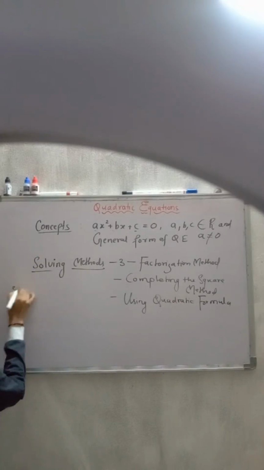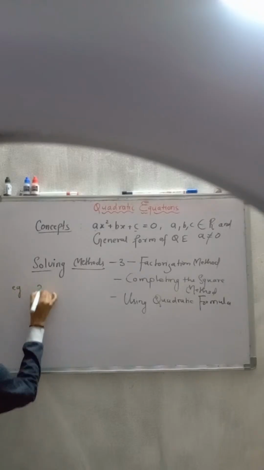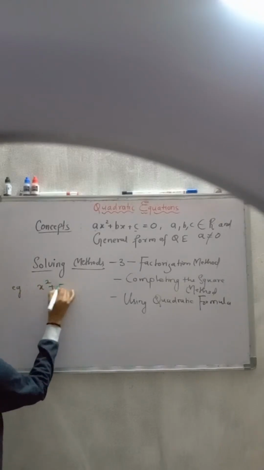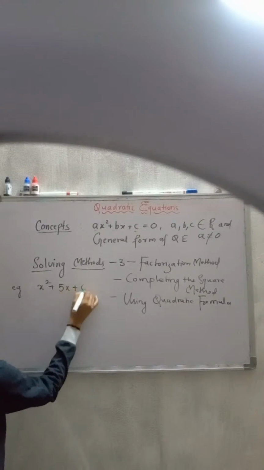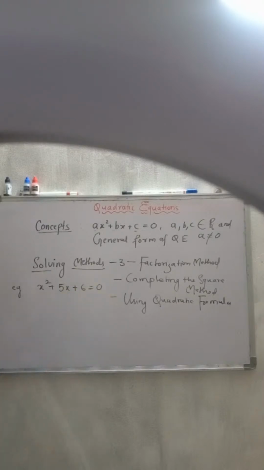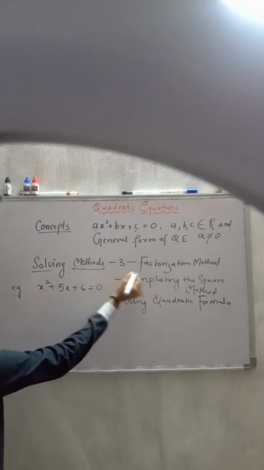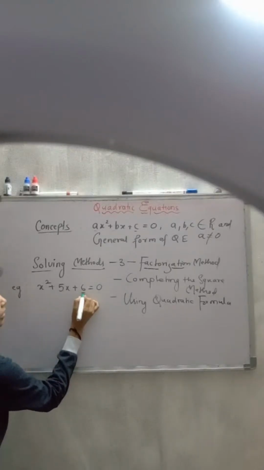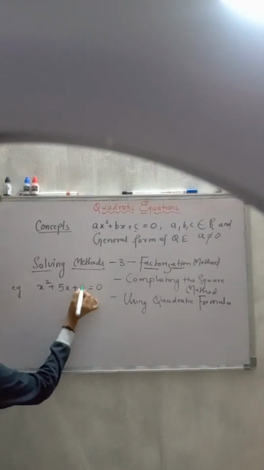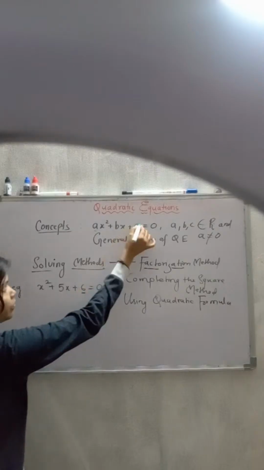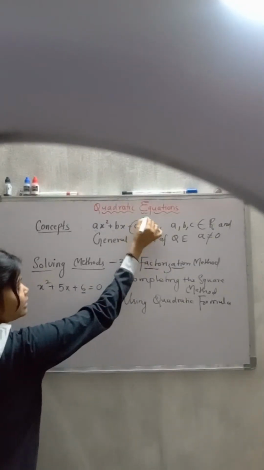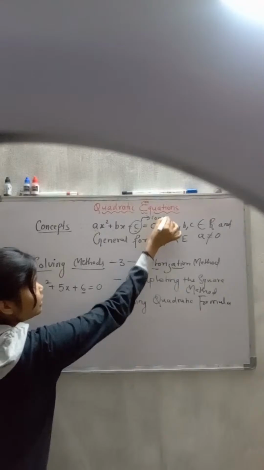Suppose for example we have quadratic equation like x square plus 5x plus 6 equal to 0. This is the quadratic equation. Now in factorization method, what we do, we consider the constant term. This term free from x is known as constant term.